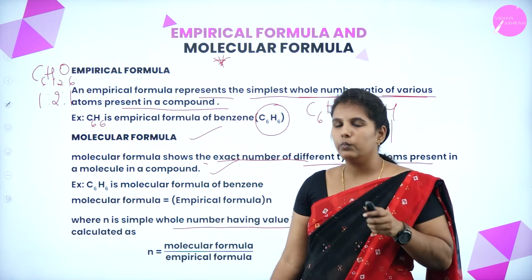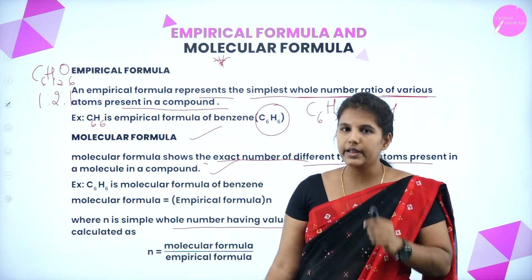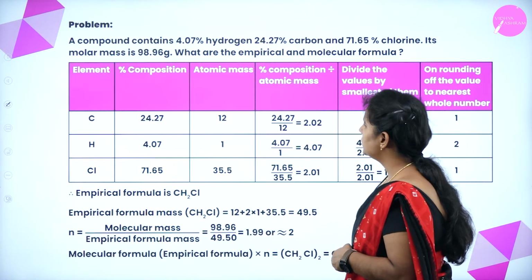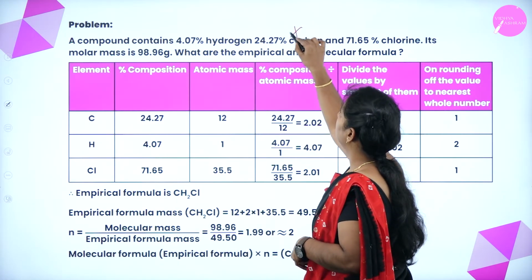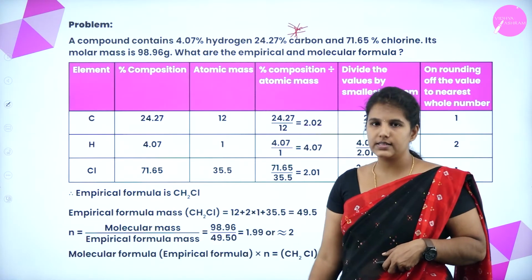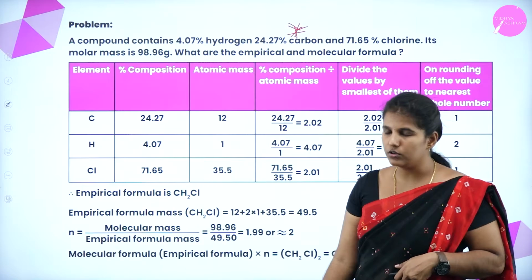So let's see by taking an example how to calculate the empirical and molecular formula. It's very important. This problem will be asked many times in your final examination. Let's see how to do this.